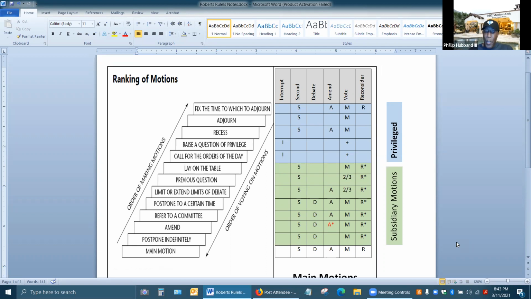Next, you will have a motion to strike out. So if we had a motion that we're going to supply our chapter secretary with a $5,000 stipend each month, then that would be the motion.